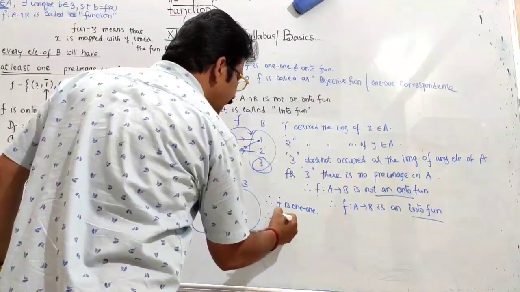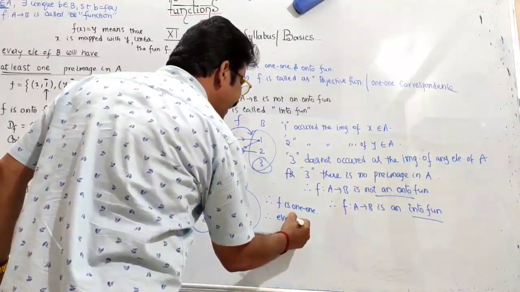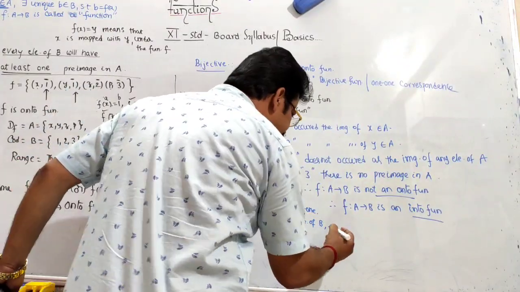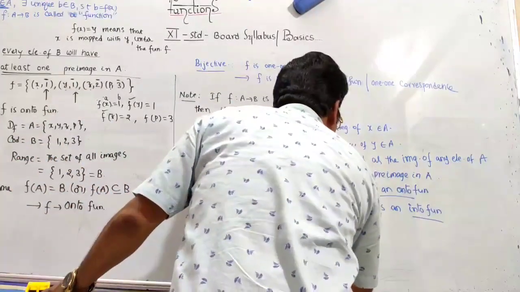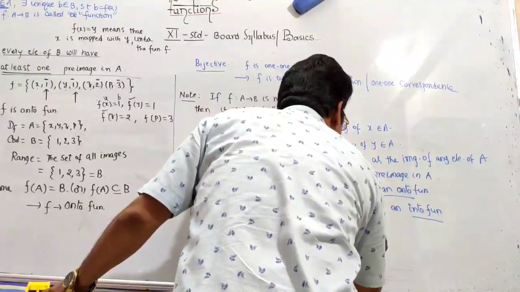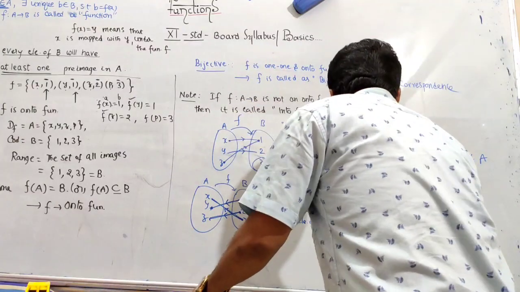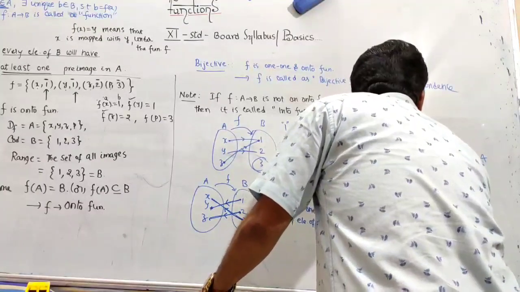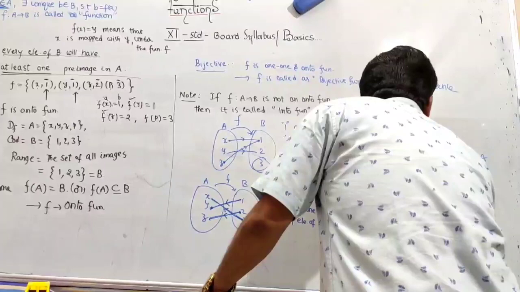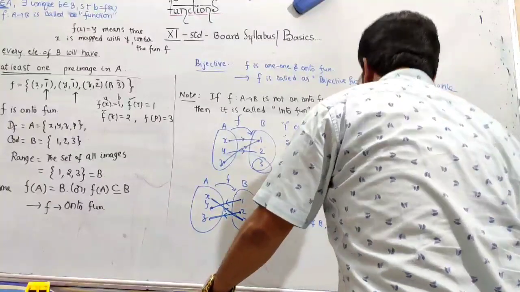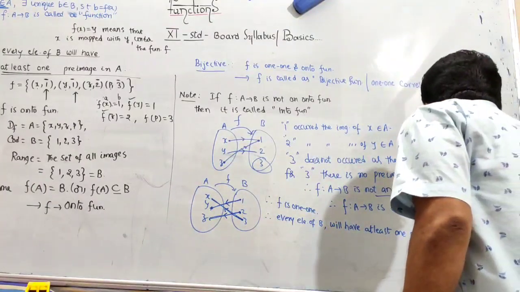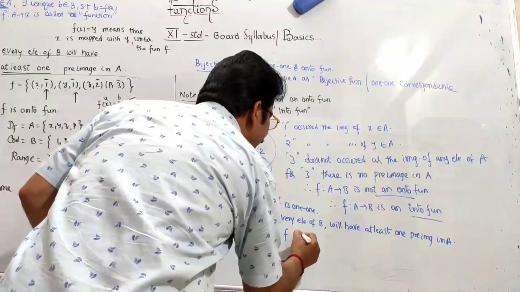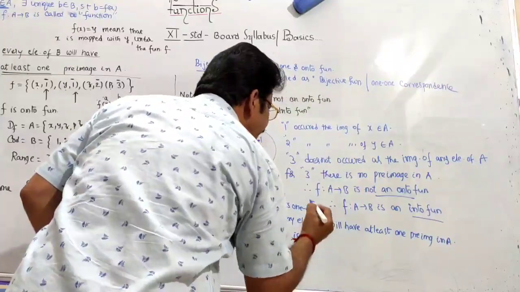Therefore, clearly every element of capital B has at least one pre-image in capital A. Therefore f is onto function.